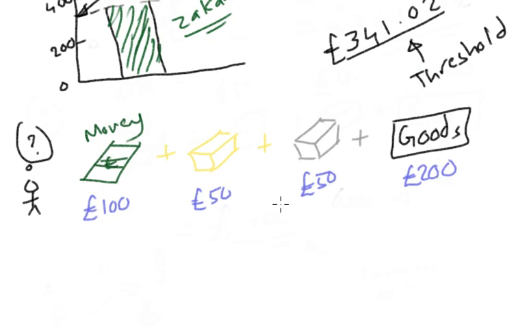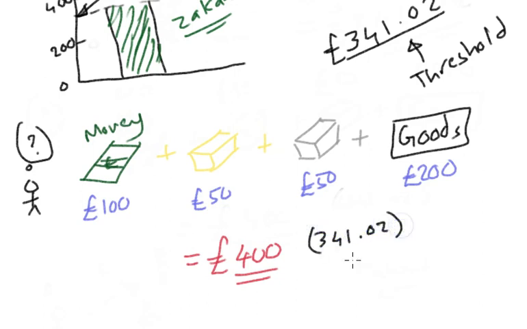So we add them all together, and let's say we get 400 pounds. 400 is more than the nisab, because the nisab is 341.02, and that's the amount we use. If a person has wealth which is more than that, then he has to give zakat.